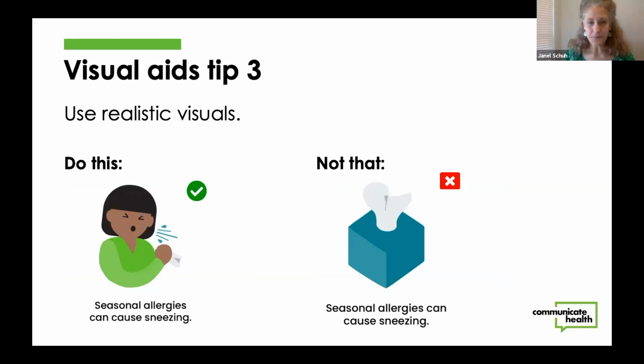Visual aid tip number 3, use realistic visual aids. This is something that I think is going to become increasingly challenging because I don't know about you, but I am starting to get used to seeing symbols with no words attached to them.